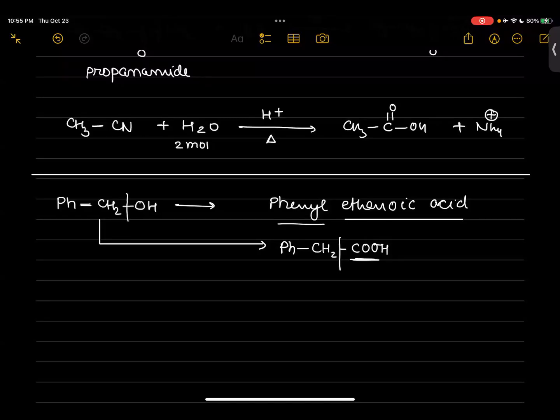So now the problem is to convert the OH to halide. Can you do that? The conversion of OH to halide? How are we going to do it?